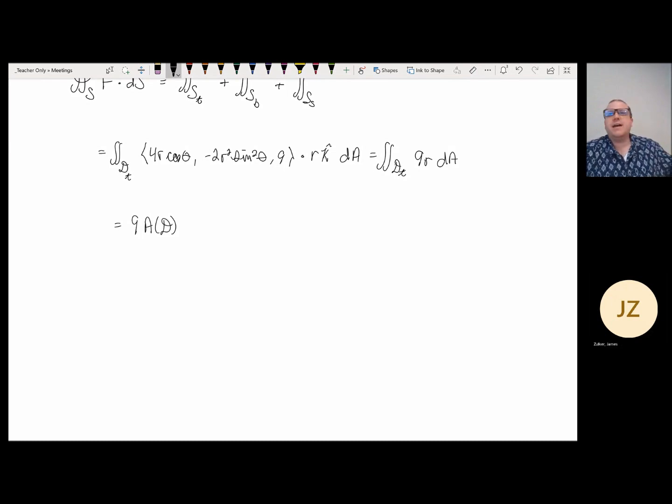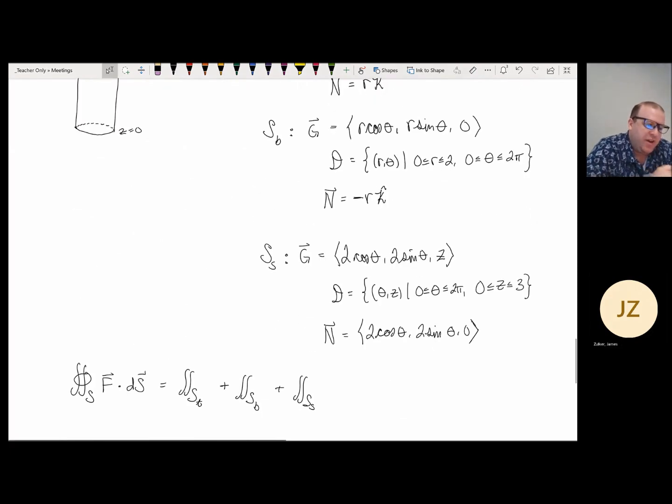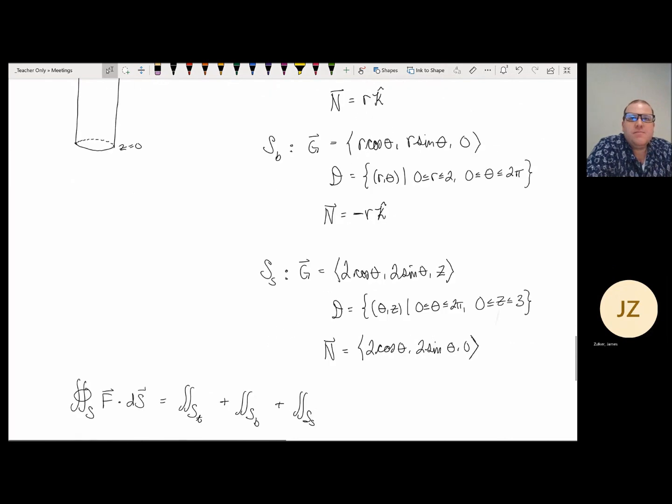You should recognize that as the area integral for a polar region. Right, r dr d theta is dA in polar. The circle of radius 2, isn't it?